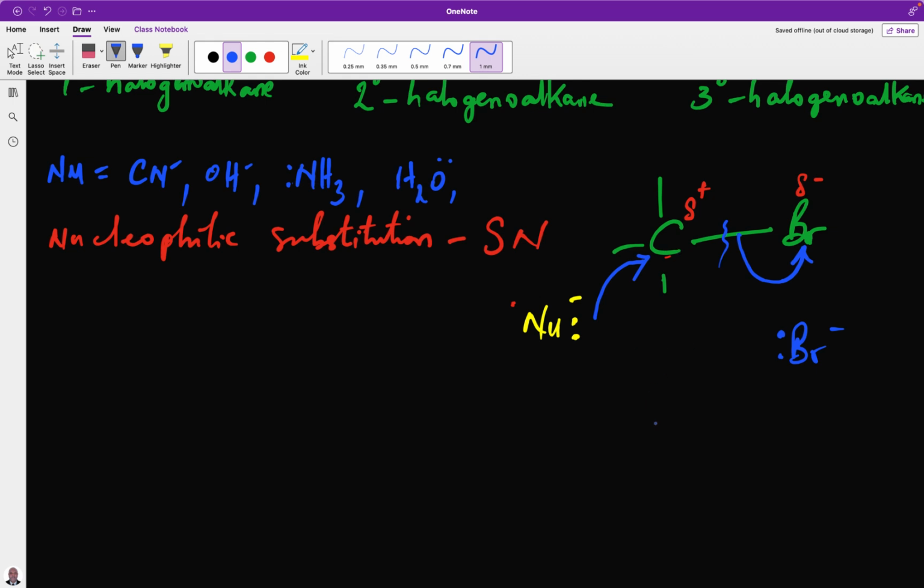The result is carbon with the nucleophile taking the position of the bromide ion. The bromide ion, which we call the leaving group, will remain there. So that's what we call nucleophilic substitution. That is the mechanism going on in nucleophilic substitution.